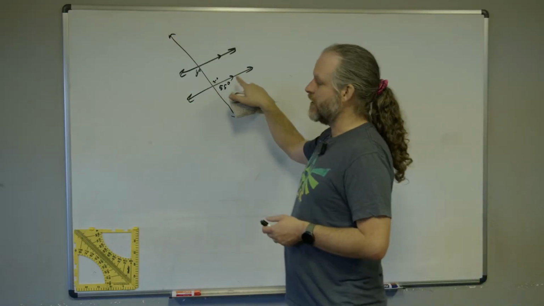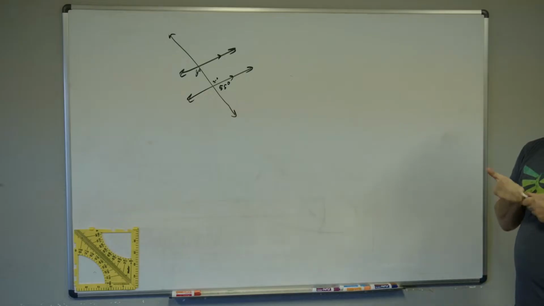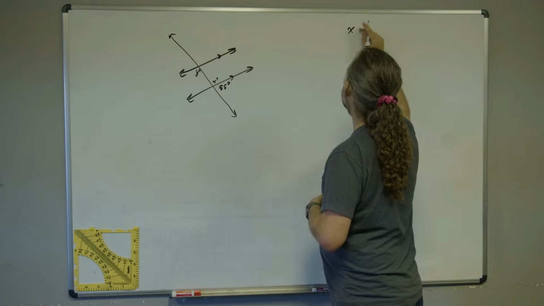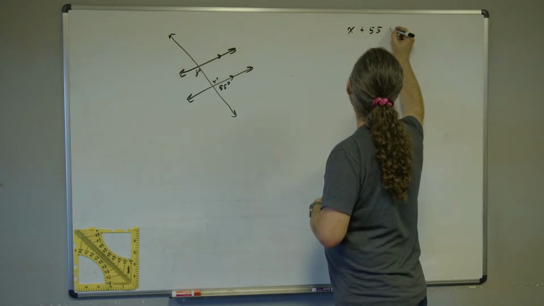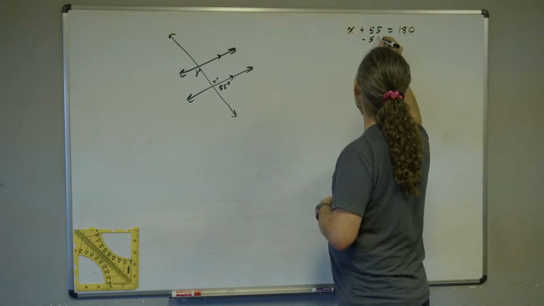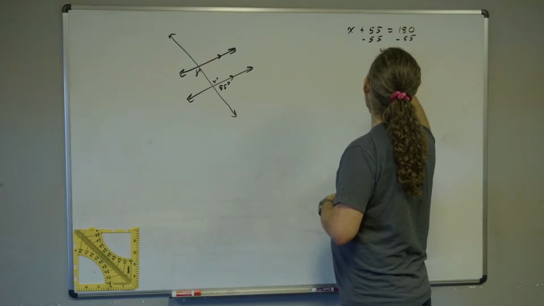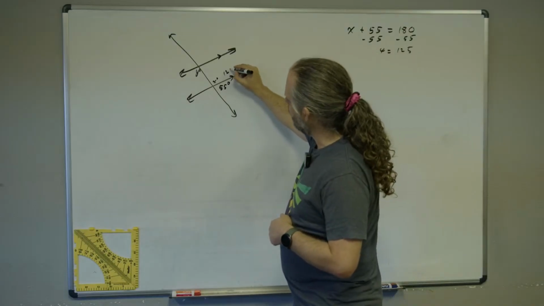So how can we find the value of x? Not 90. 180, and then subtract 55 from both sides. And you get x equals 125. Right?